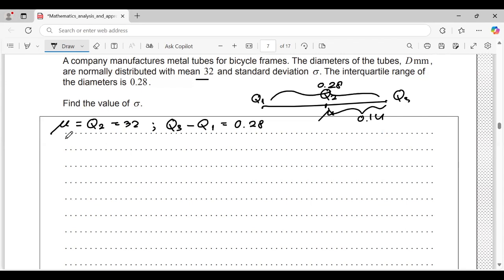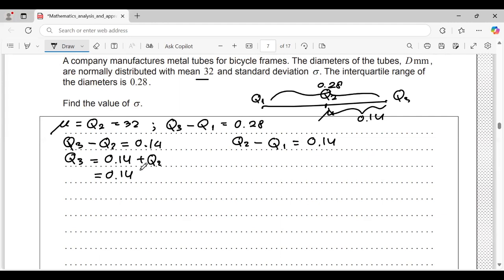So I would like to write that third quartile minus second quartile, minus mu, this is 0.14 as well. Second quartile minus the first quartile, this is 0.14. Right. So it means the third quartile equals 0.14 plus second quartile or plus mu.